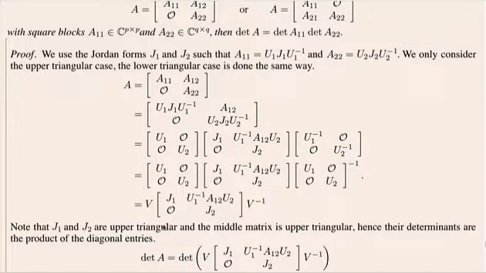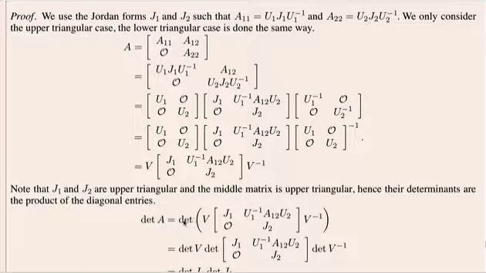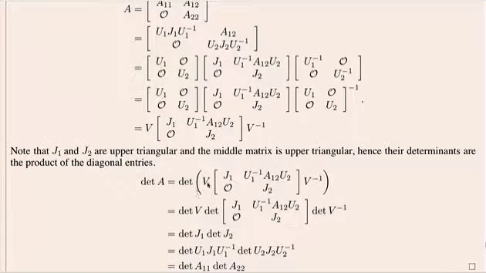And we also have that the determinant can be calculated factor by factor. So this is the same as the determinant of V from the left, from the right the determinant of V inverse, and in the middle the determinant of this middle part, which is again upper triangular.